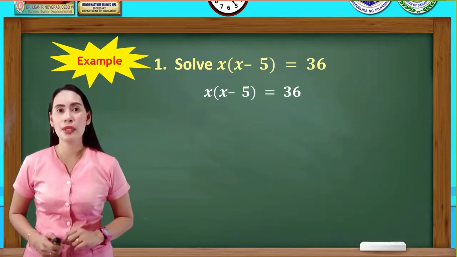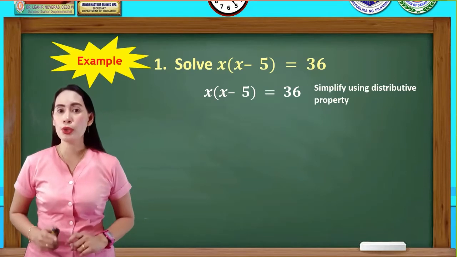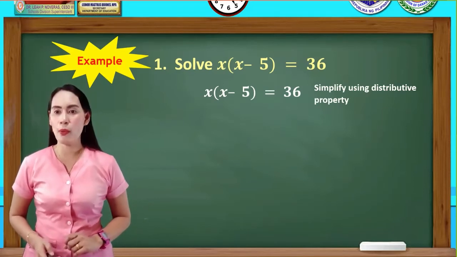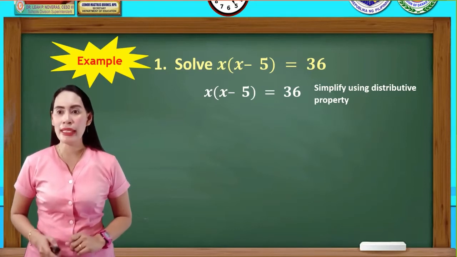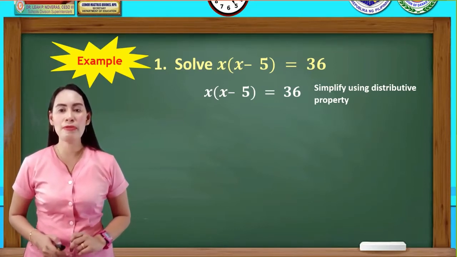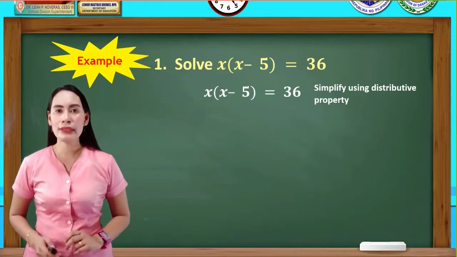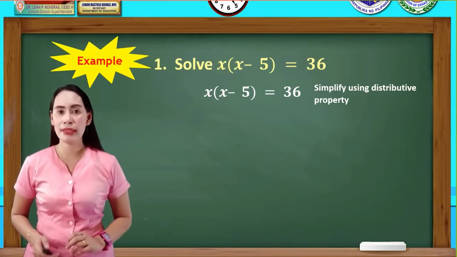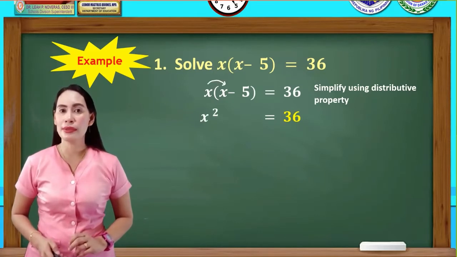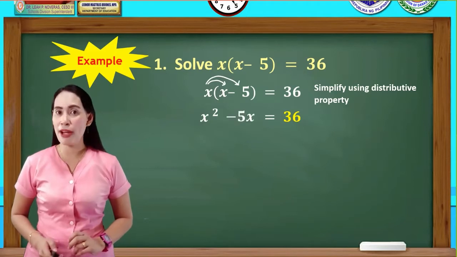First step, we're going to transform to standard form, since the left side of the equation is written in factored form. Thus, we're going to simplify this expression using the distributive property. So, x times x equals x squared. Next, x times negative 5 equals negative 5x.